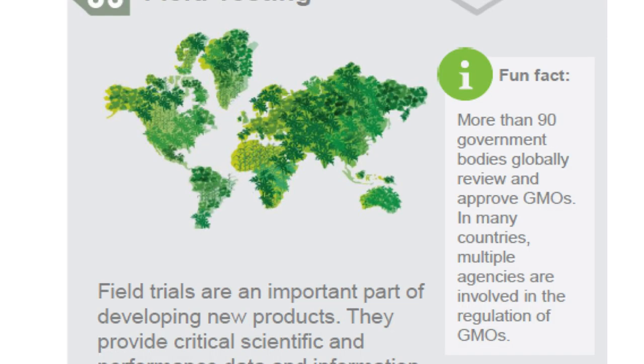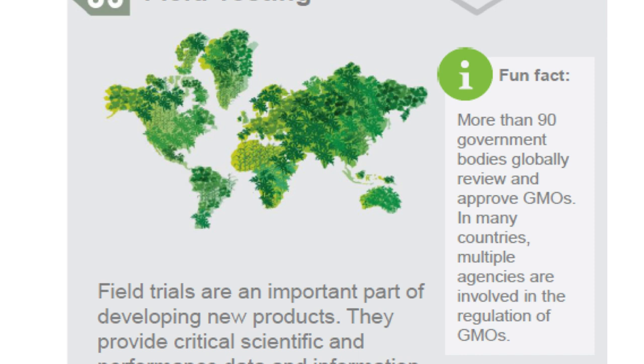Not only that, but you've got to grow it out in the wild to see how it affects the ecology of the place. You don't want it to damage any part of the ecosystem.